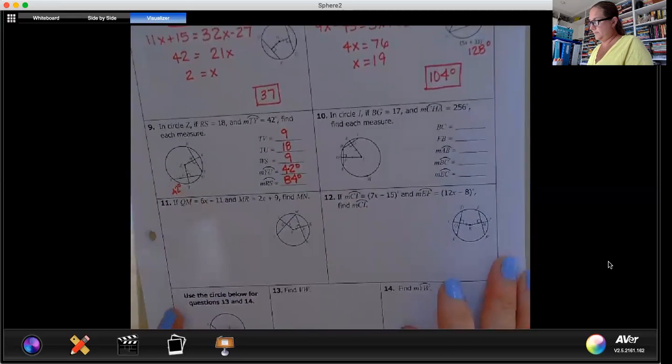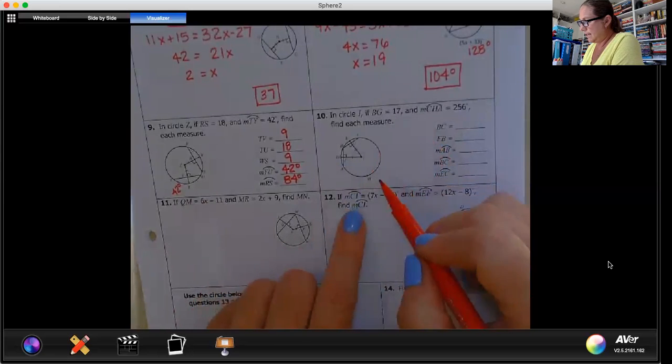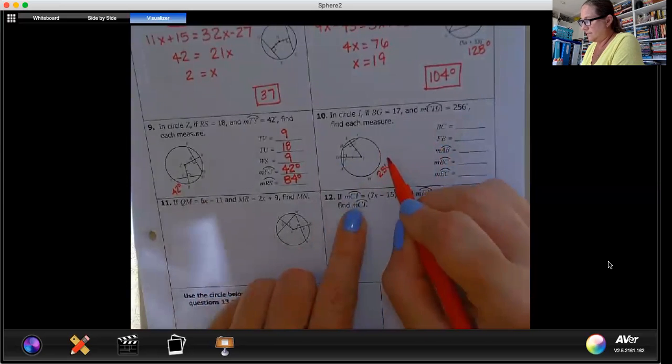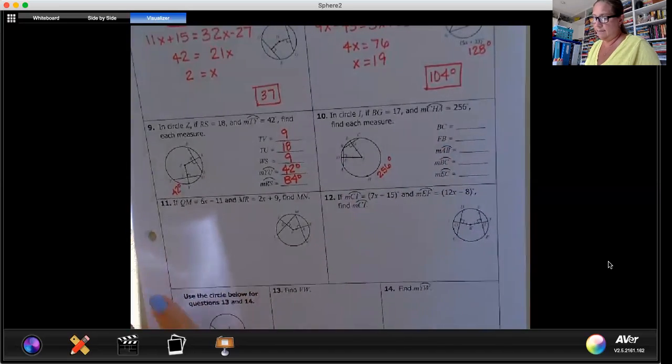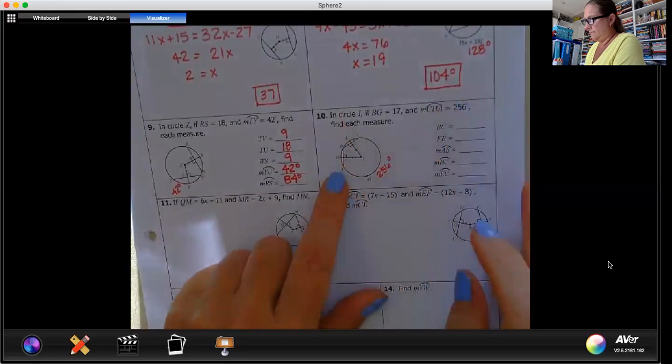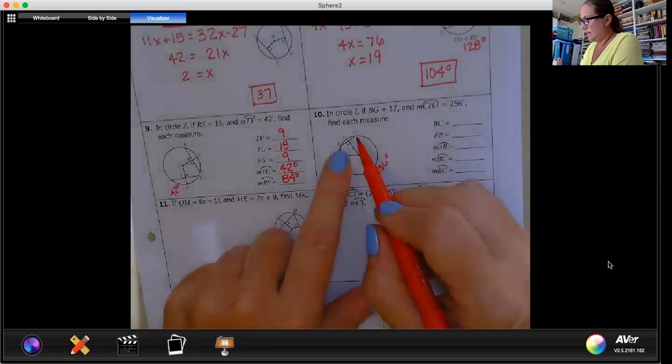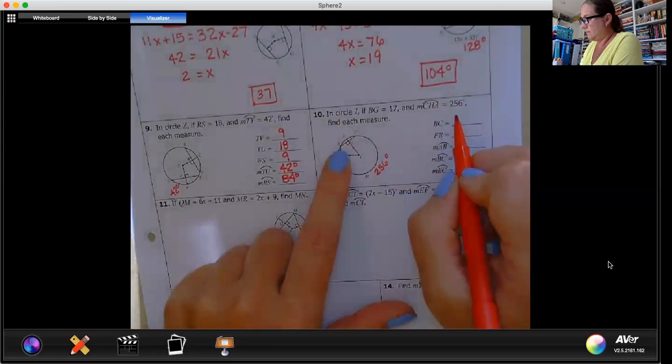Congruent parts. All right, so BG is 17, CHA is 256 degrees. So 360 minus 256 divided by 2 means your little arcs are going to be 52 degrees. So BC is here, and it is going to be 2 times 17, which is 34.